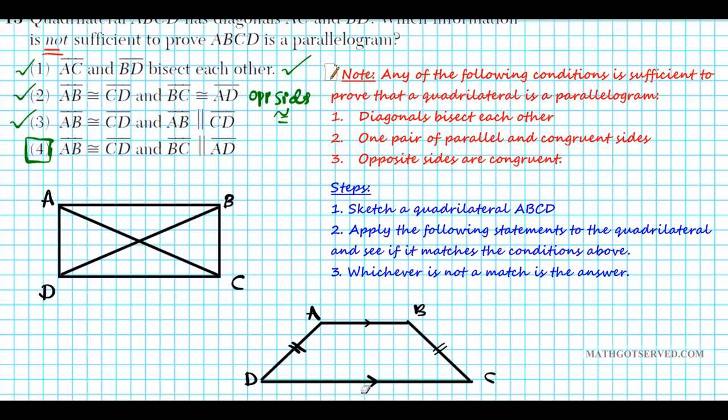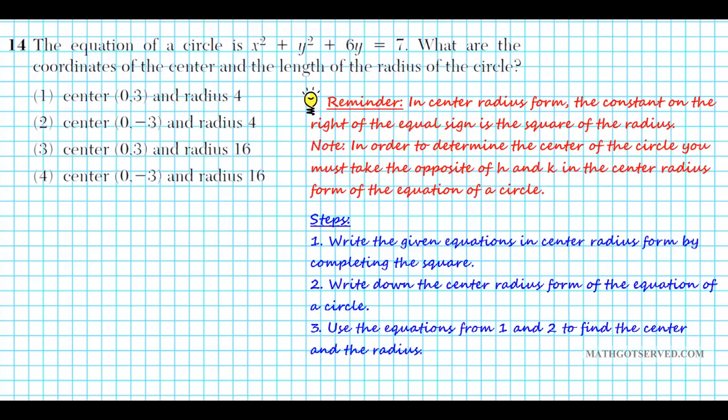Question, is this a parallelogram? The answer is no, it's not a parallelogram because AD is not parallel to BC, but it fits the description of having one pair of parallel sides and one pair of congruent sides. If they are not the same pair of sides, then it is not sufficient to conclude that the quadrilateral is a parallelogram. Okay, so keep that in mind.